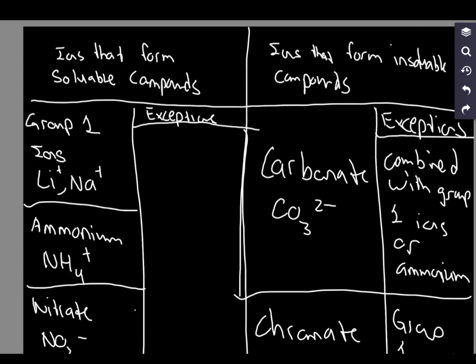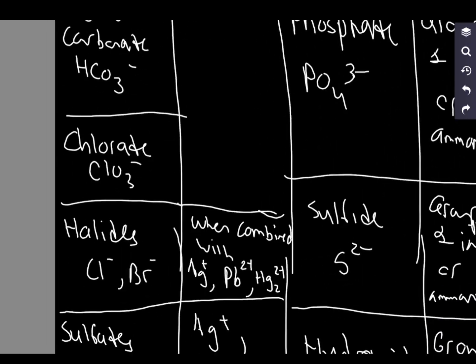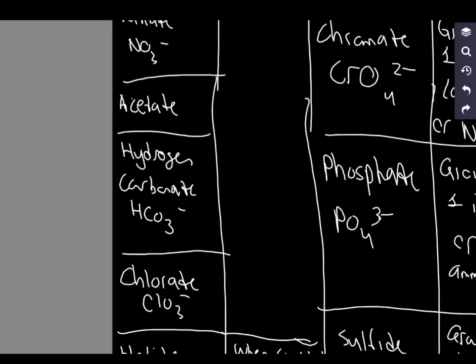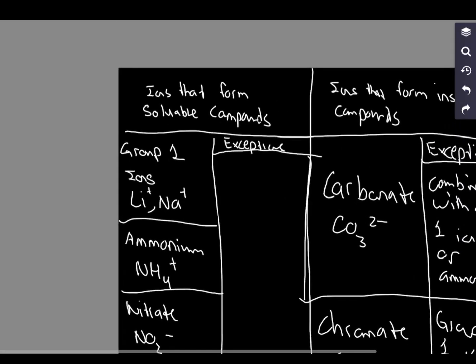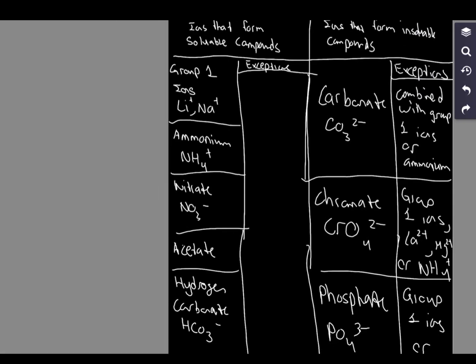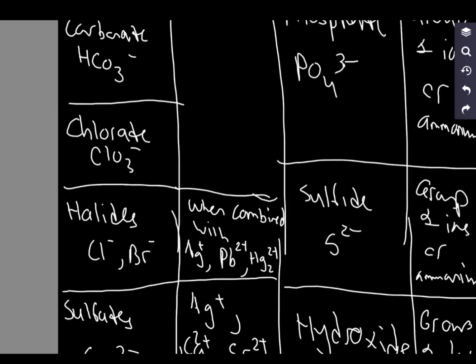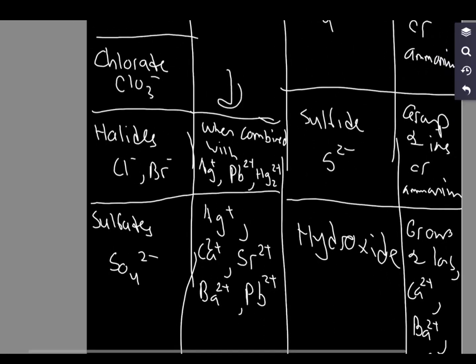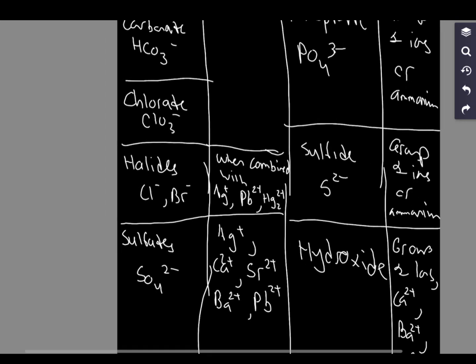So if you see anything that involves this, you know that it's going to be aqueous. You can pause the video to check everything, but all of this group down is going to be aqueous, except, and then you can see the exceptions. When something is combined with these compounds, then it's actually going to be a solid.